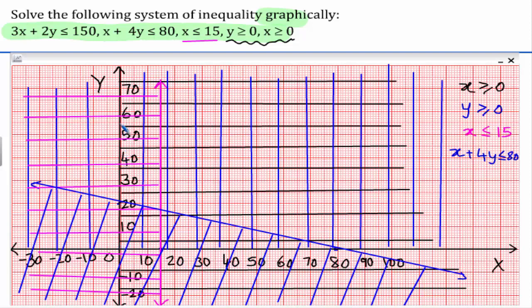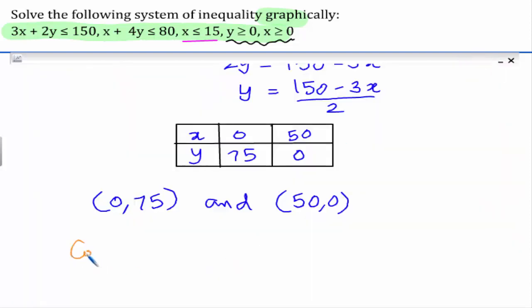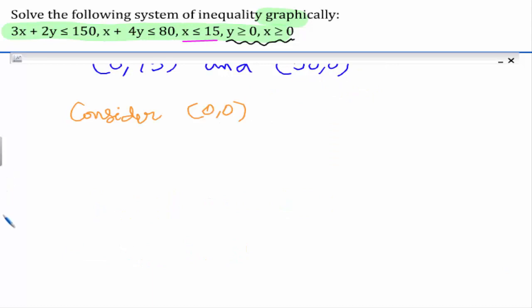(0, 75) will be here on the top somewhere, and (50, 0) will be here. Now let us join those 2 points. Now this line is not passing through the origin, so let us consider the origin and substitute into the inequality.